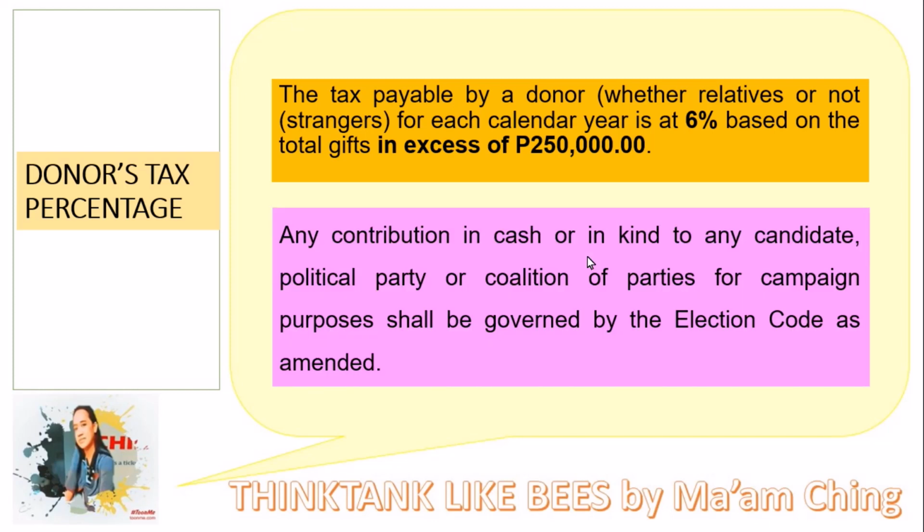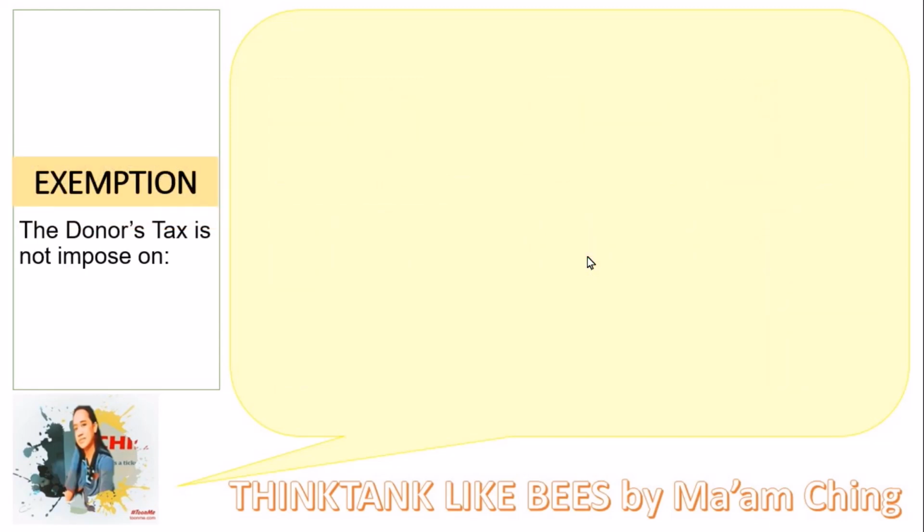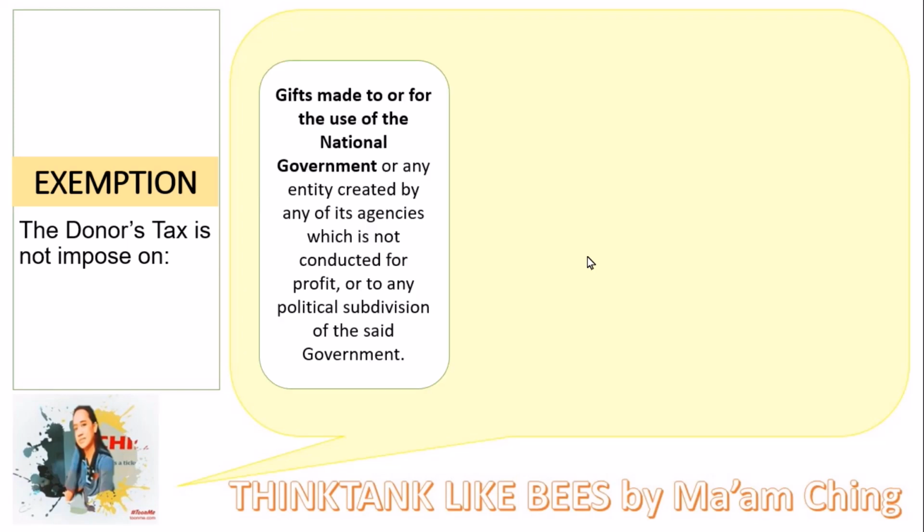Any contribution in cash or in kind to any candidate, political party, or coalition of parties for campaign purposes shall be governed by the Election Code as amended. Exemption: the donor's tax is not imposed on gifts made to or for the use of the national government or any entity created by any of its agencies which is not conducted for profit, or to any political subdivision of the said government.